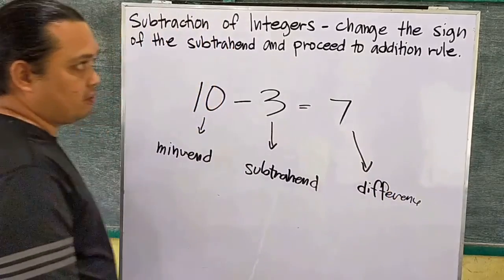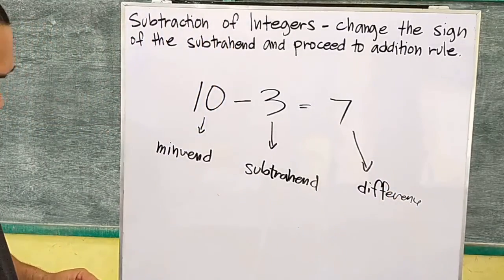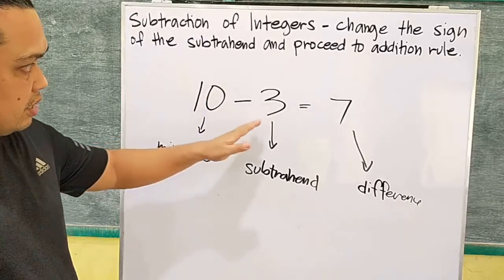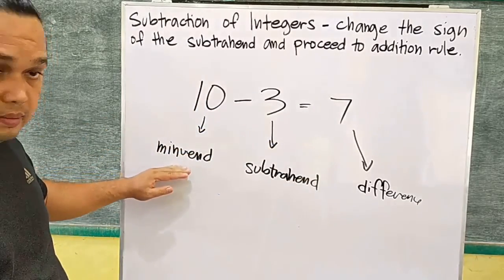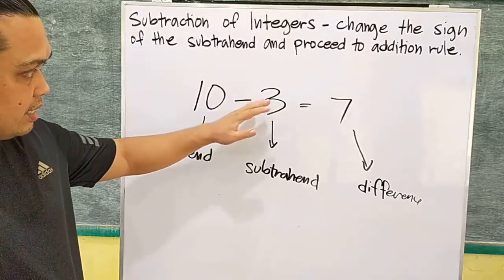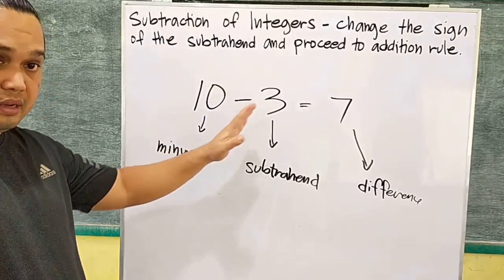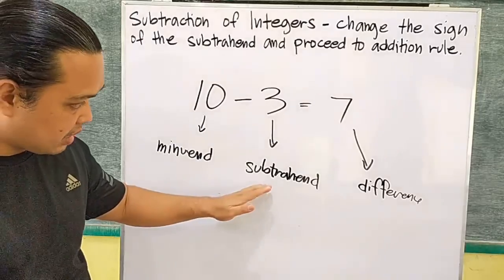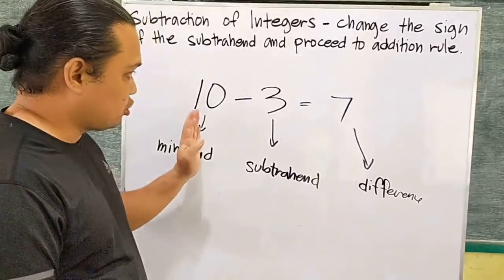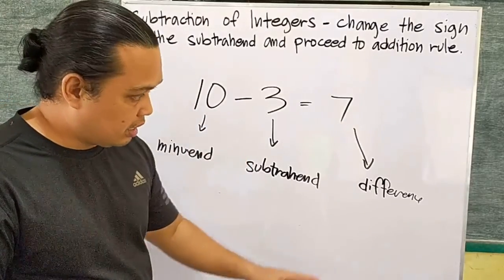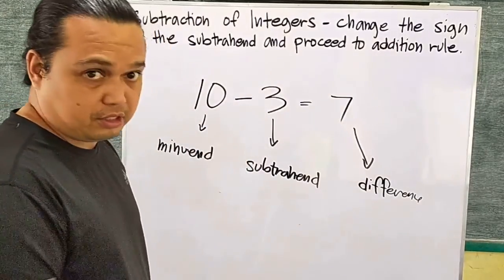These are the parts of subtraction. 10 minus 3 equals 7. 10 here is called the minuend. 3 here, the number that we subtract from 10, is the subtrahend, while the answer in subtracting numbers is called the difference.